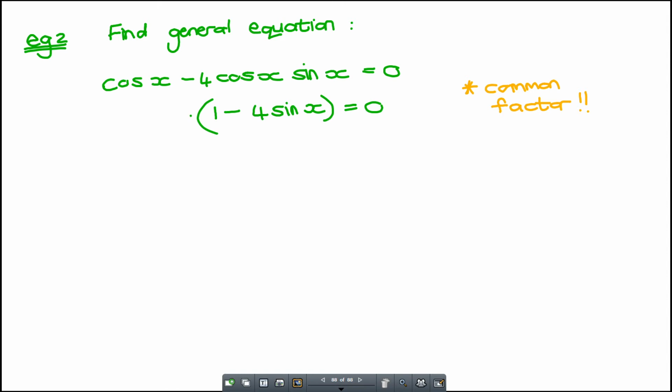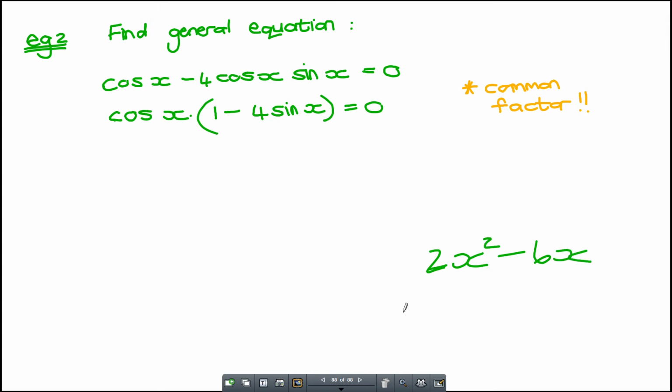Okay, now think back to when you did normal equations. When you guys did normal factorizing, let's say it was 2x squared minus 6x.